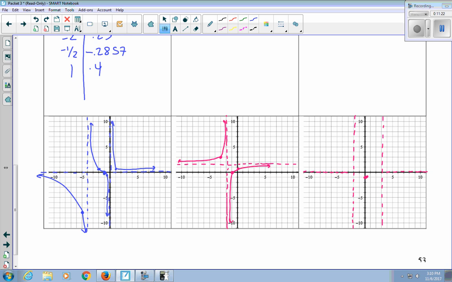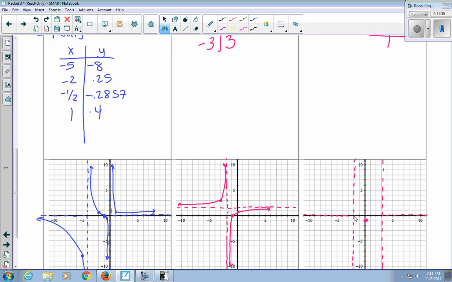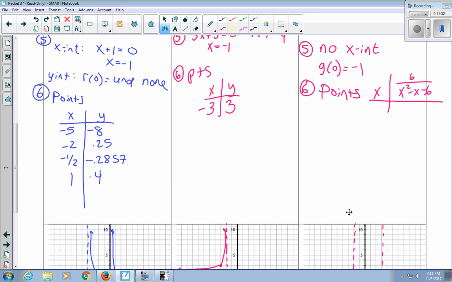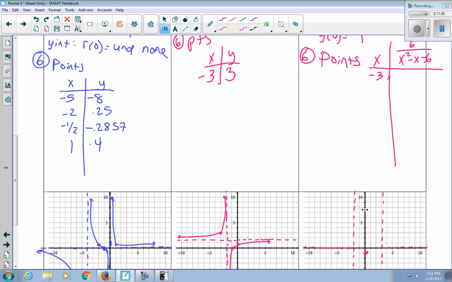So I need something to the left of my first asymptote, so maybe I'll plug in -3. And then something between the asymptote and the y-intercept, maybe -1. Something between my y-intercept and the next asymptote, maybe +1. And then something after my second vertical asymptote, 4.